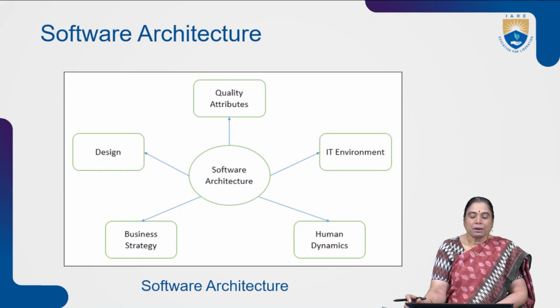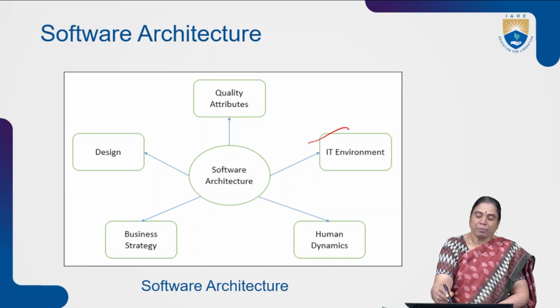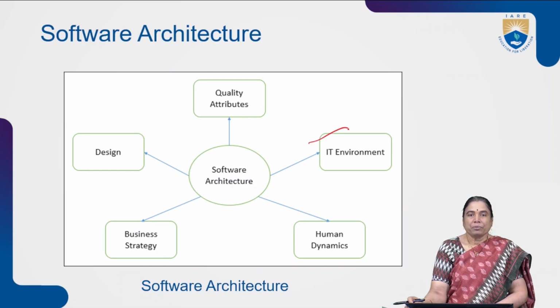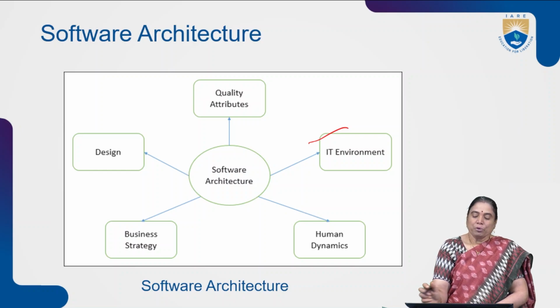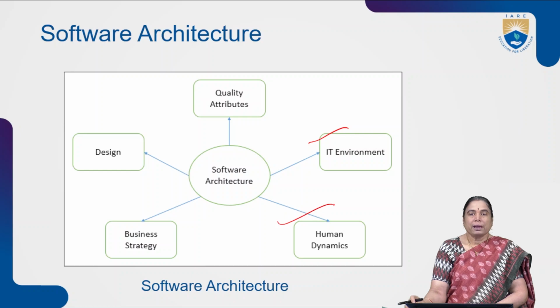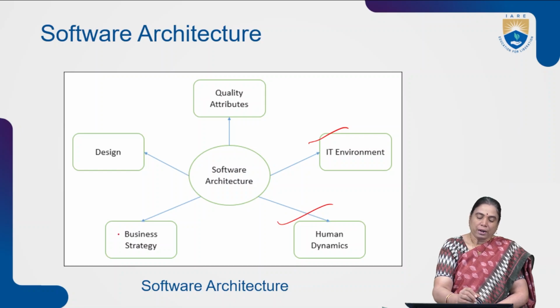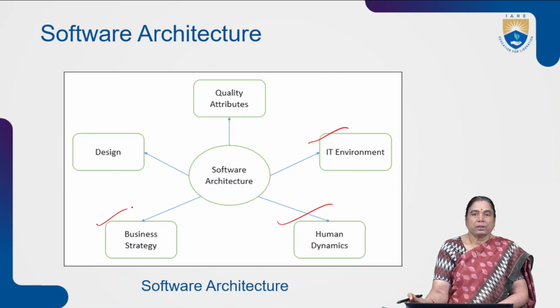So the software architecture is relative to various components. They are the IT environment, the hardware and software requirements of the project, human dynamics, who are the end users and how they are interacting with the project, and business strategies, the business rules that are applied to the domain of the project.